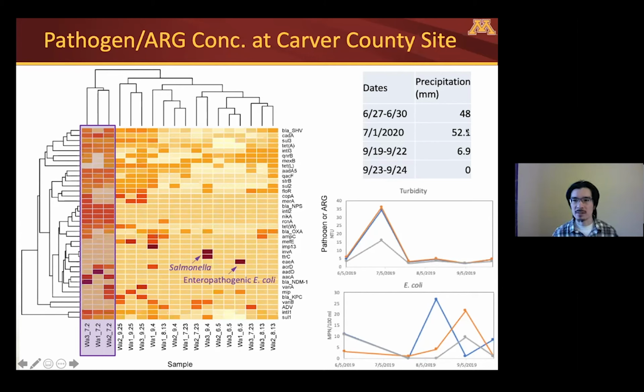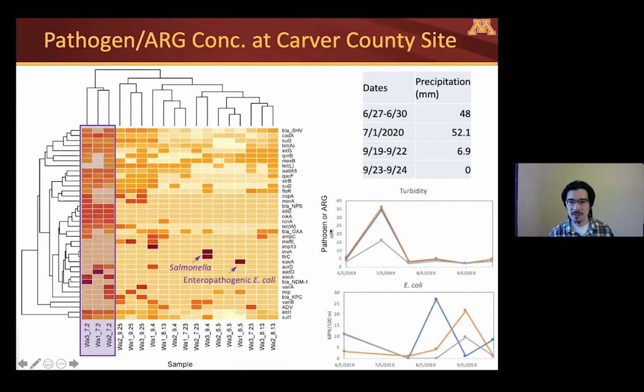There was precipitation of 48 millimeters and 52 millimeters, one day or several days before the sampling event. This is about 2 inches of rainfall. And this storm may have influenced the turbidity.